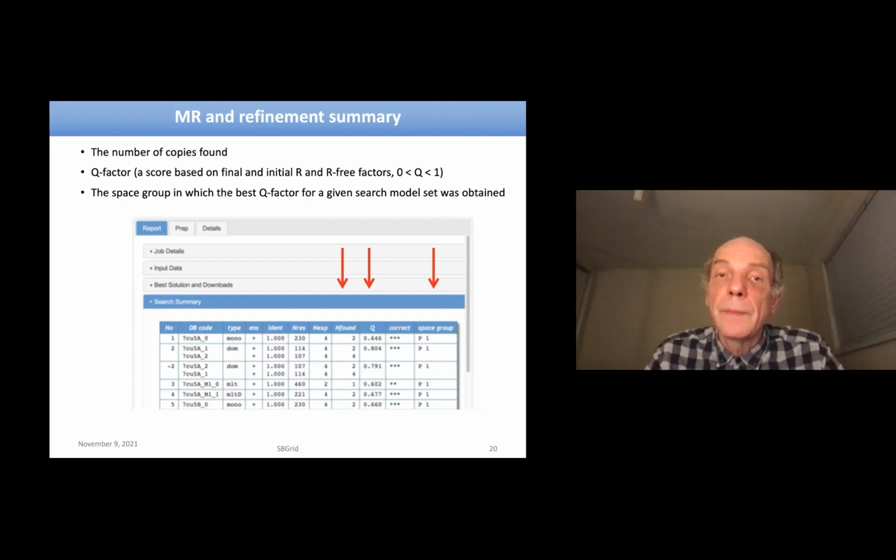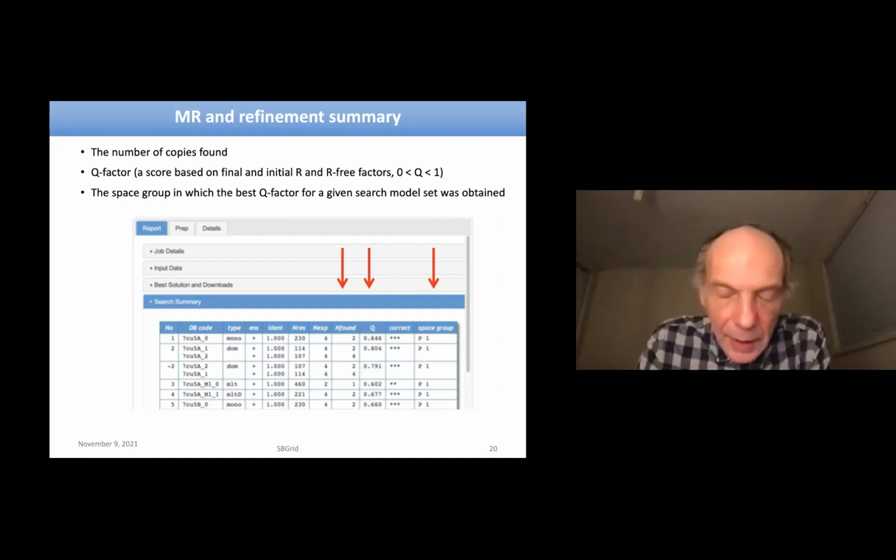We've got the Q factor, which is a heuristic score based on the final and initial R and Rfree factors, and that is between 0 and 1, and closer to 1 is better. And there are stars that indicate whether the solution is likely to be a true solution or not, and the space group, in case the space group is unknown and it was requested to try all, and the best will be shown here in the summary table.